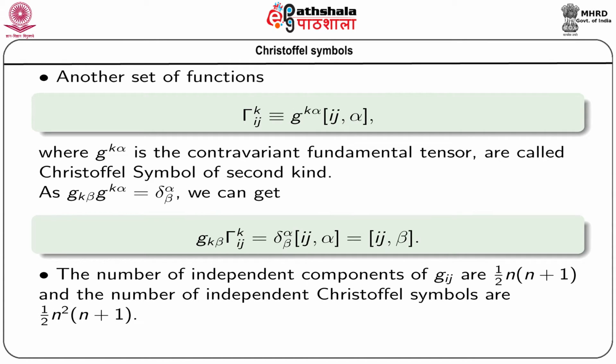The number of independent components of g_ij is half n into n plus 1 for a Riemannian space of dimension n. We can easily prove this, and the number of independent Christoffel symbols will be half n square into n plus 1.